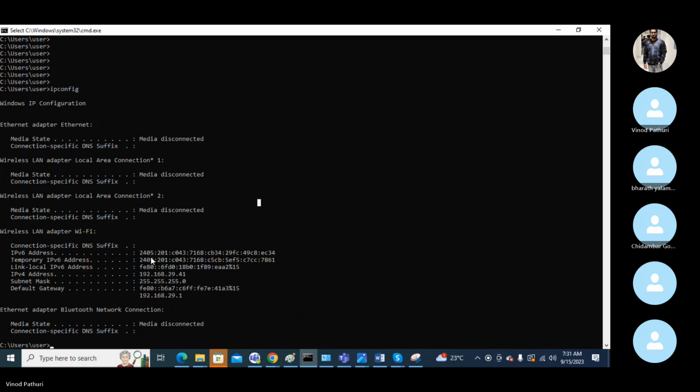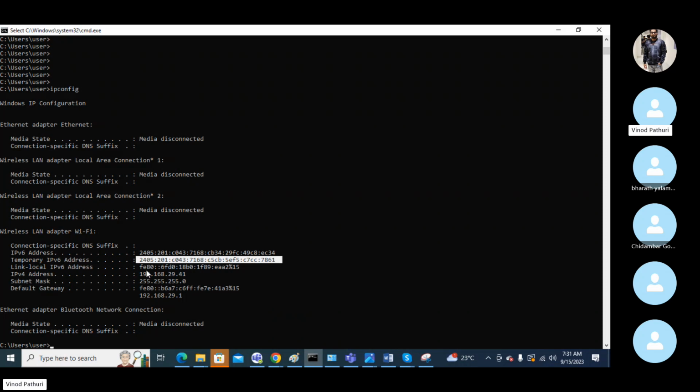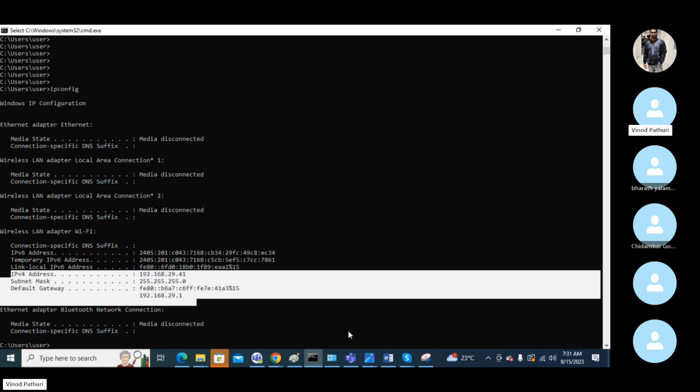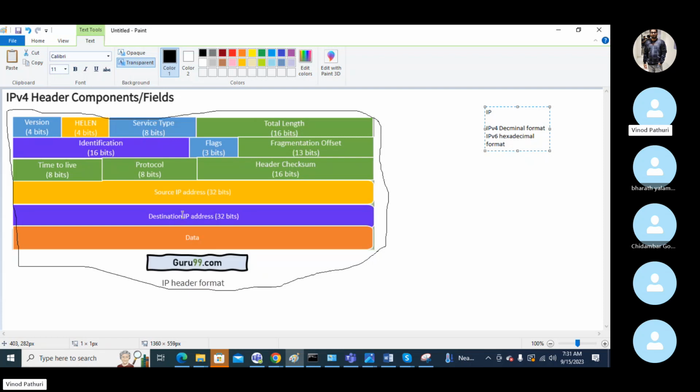So this is how IPv6 looks, and this is IPv4. IPv4 has a total of 4 octets. 192 is one octet, 168 is one octet, 29 is one octet, and 41 is one octet. I'll tell you why we call it an octet.